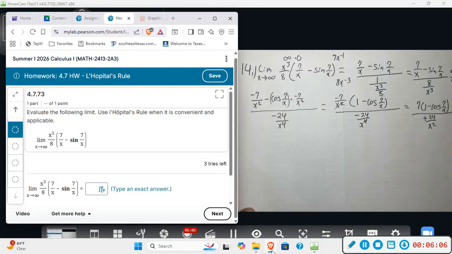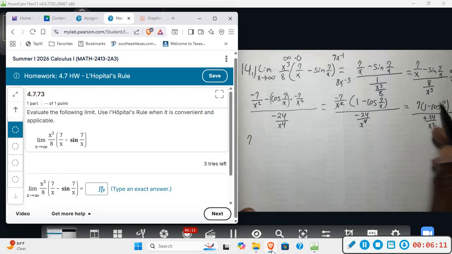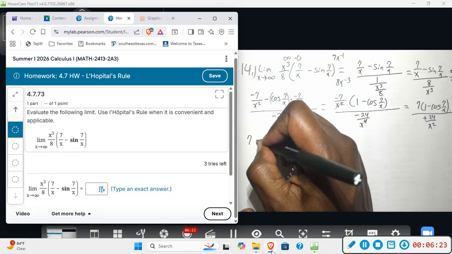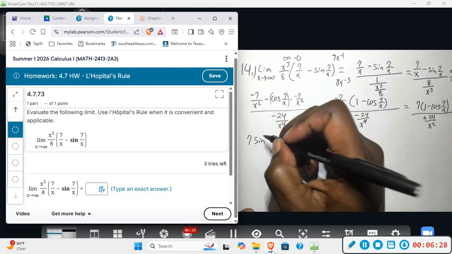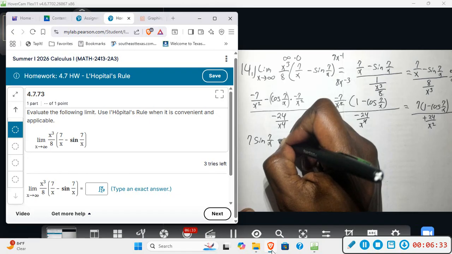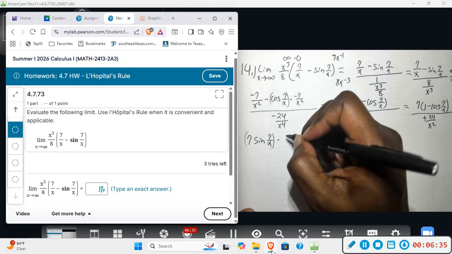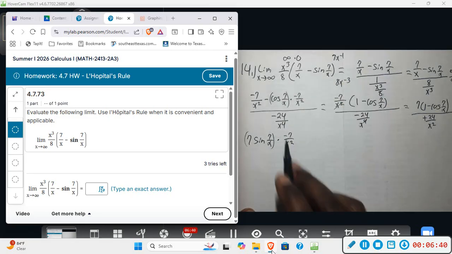So we'll have 7 on the outside, the multiple, and then derivative of 1 is 0. Derivative of a constant is 0. Derivative of cosine is negative sine, so negative times a negative is a positive, so we'll get positive sine of 7 over x, and then derivative of this is a negative 7 over x squared, same as what we got before.